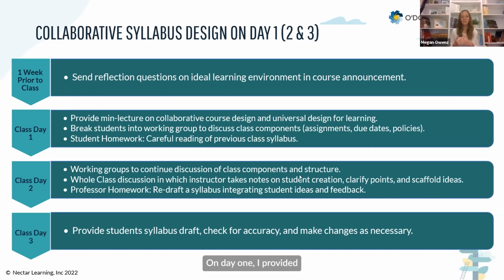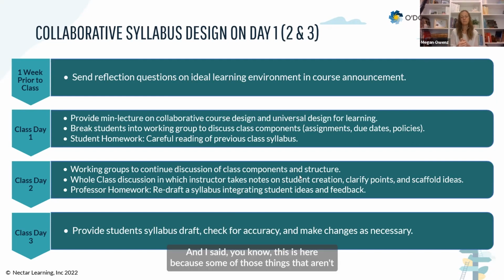On day one, I provided a mini lecture on collaborative course design and universal design for learning. So I explained, this is why we're doing this, and this is how we're going to do this. And I'll show some of those slides to you in a moment. I broke the students into small groups of between 3 and 5 students. And I gave them a syllabus that was used in the class in previous semesters.